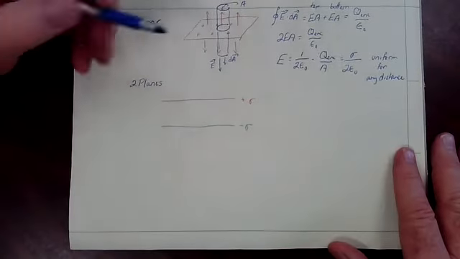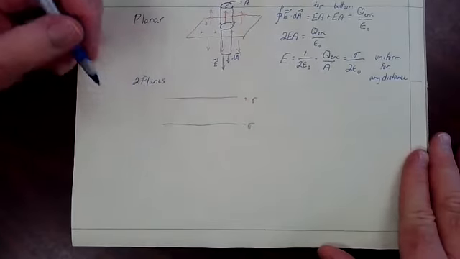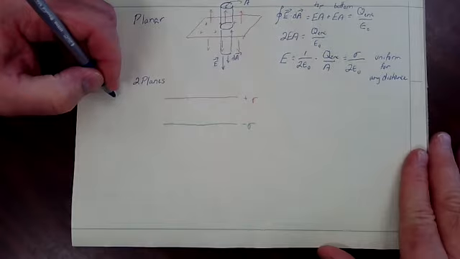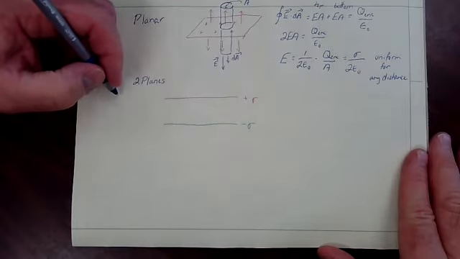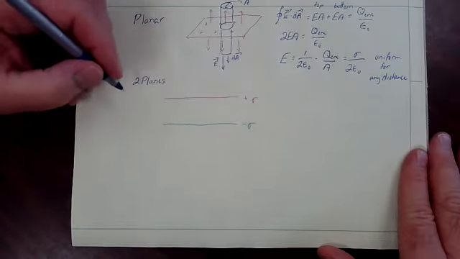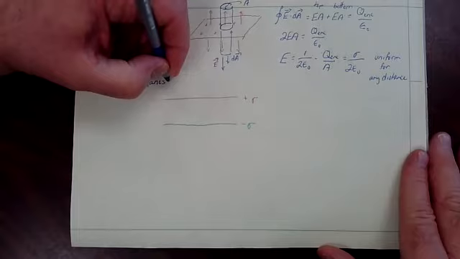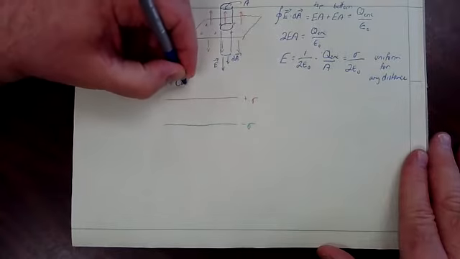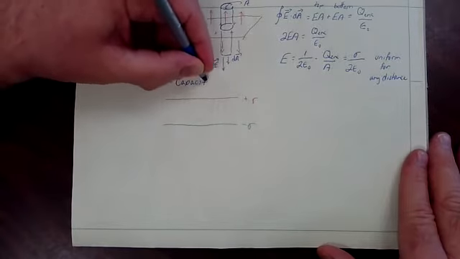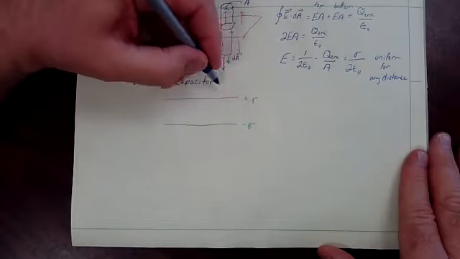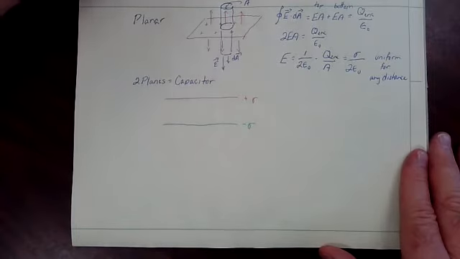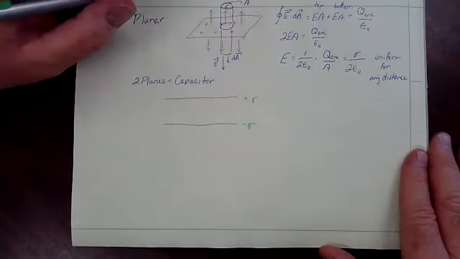This, my friends, is what we call a capacitor. Remember yesterday, flux, and today is capacitor. Yay. This is one of the most important devices in electronics, and I'll show you why in a second.